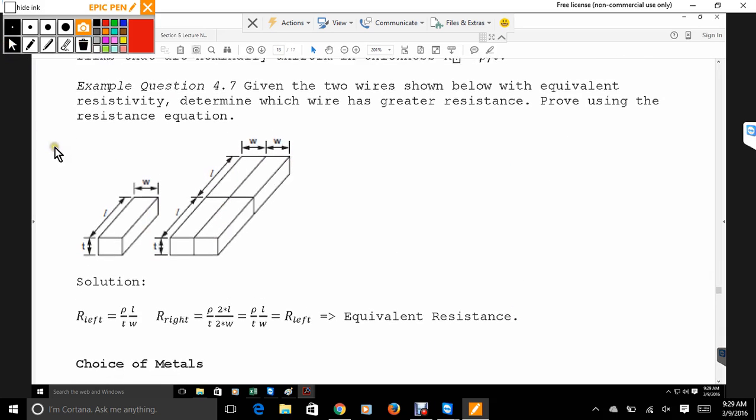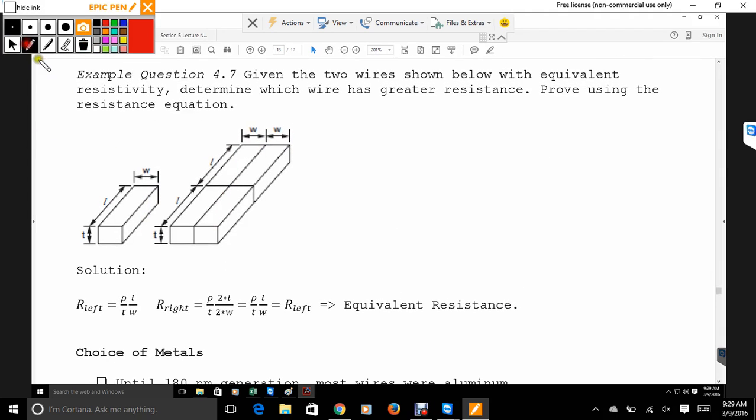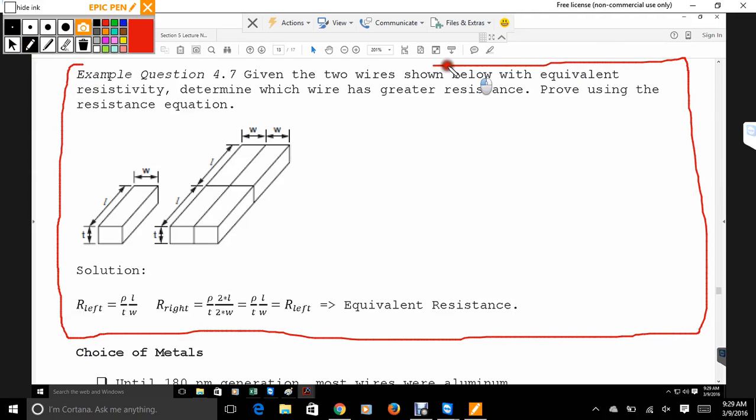This is not the type of question I'd ask on an exam because I think it's very silly, but I've included it because I want you to get the idea of how this equation works. Does anybody have any questions on that?